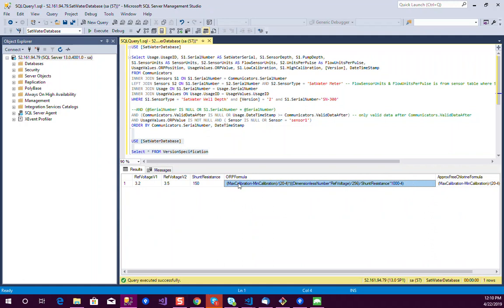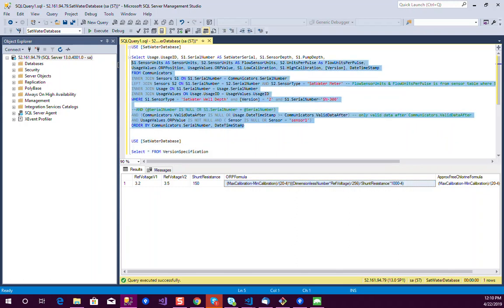We have max calibration 20 and minimum calibration 0, then we divide by 20 minus 4. The dimensionless number is the ORP value, which is 2 to 1 for ORP position 2, and the reference voltage is 3.5 because this is version 2. Shunt resistance is 150.